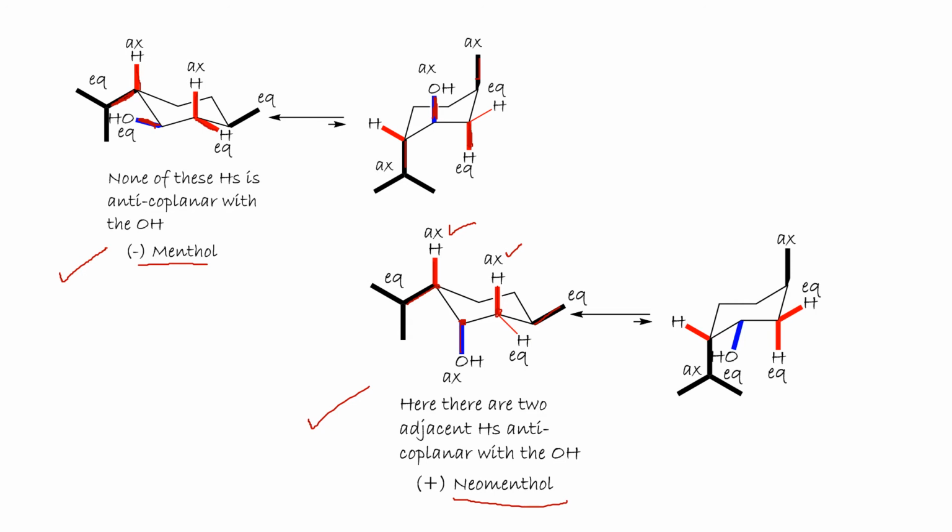If we make the other flip, the other conformer, that's axial, so that's not stable. OH equatorial, none of these hydrogens are anti-coplanar. So in the most stable conformer, yes, the OH and the hydrogen adjacent to it are anti-coplanar.